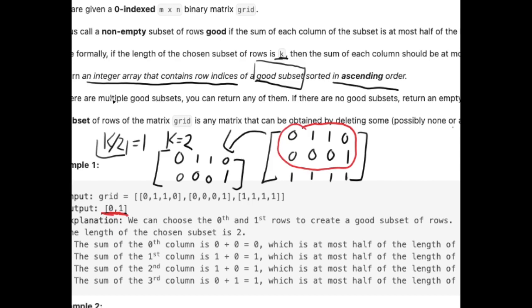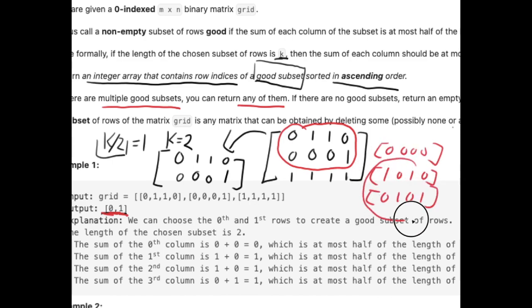But if there are multiple good subsets, then we can just return any of them. Another thing to note is that we can return any of them, not the maximum or the minimum of them. It doesn't matter. There could be an answer with only one row. For example, this is one possible answer, and this could be 0, 1, 0, and this.